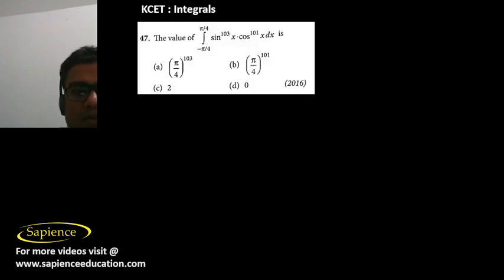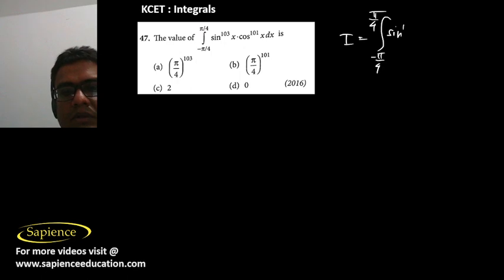Then we need to find the value of this integral I, which is the integral from minus pi by 4 to pi by 4 of sine power 103 x into cos power 101 x dx.